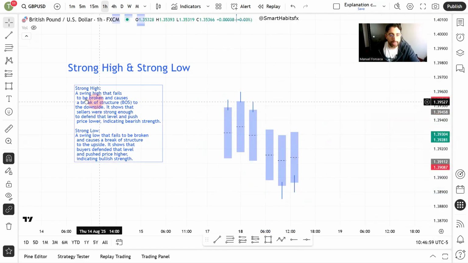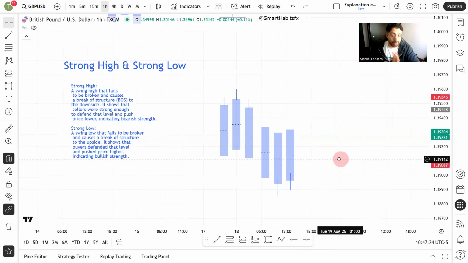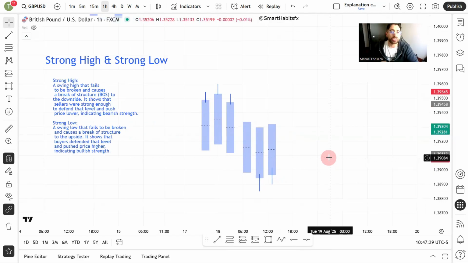So the strong high is a swing high that fails to be broken and causes a break of structure to the downside. And it shows that the sellers were strong enough to defend that level and push the price lower, indicating bearish strength. Okay, that's a definition. In my words, it's just the ending of an uptrend, correct?